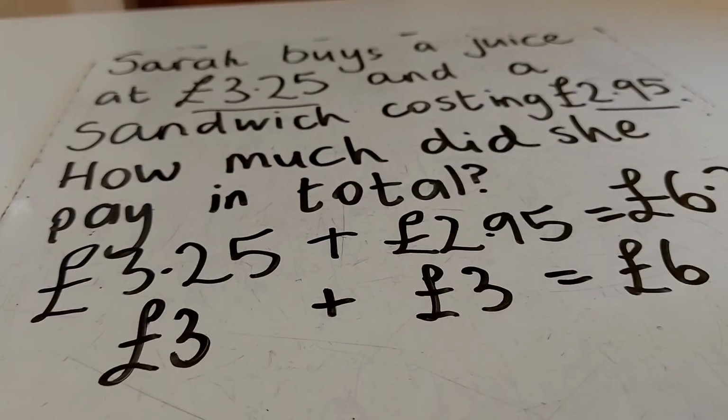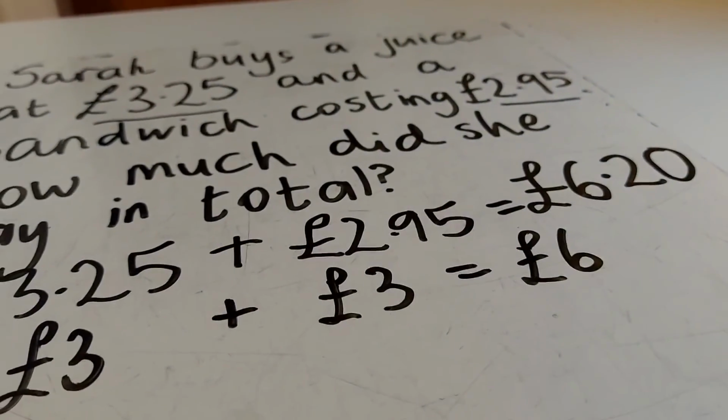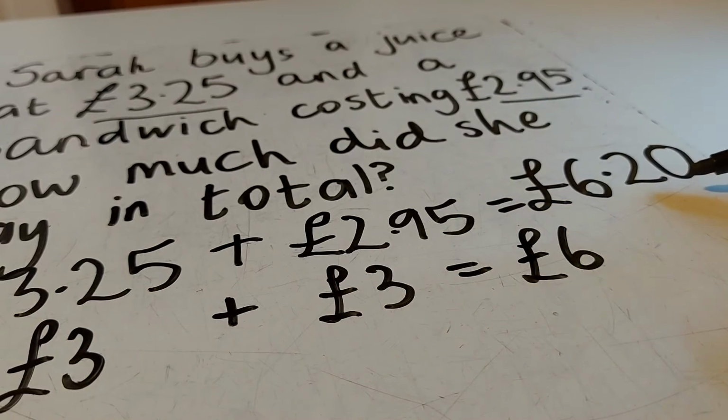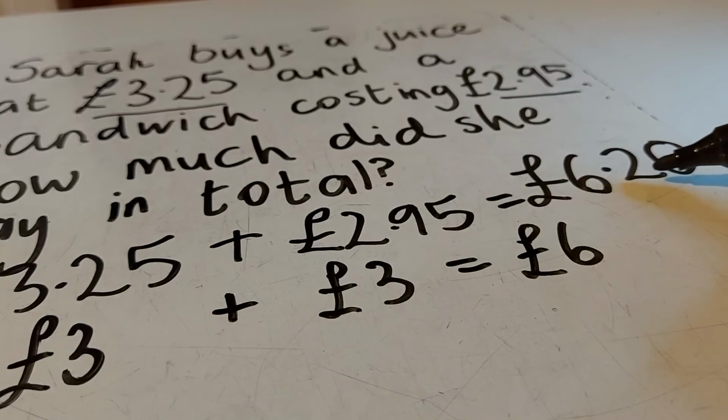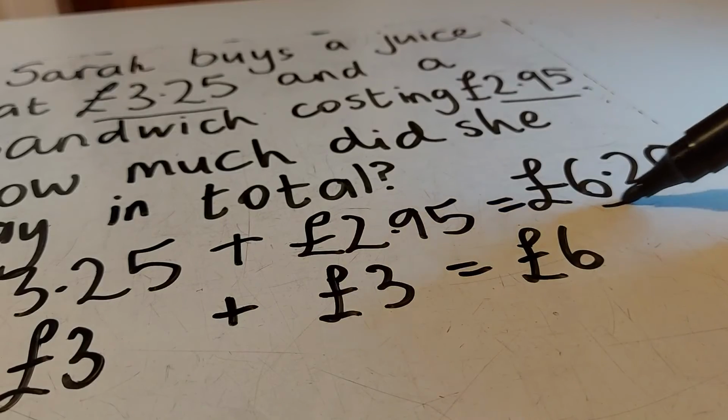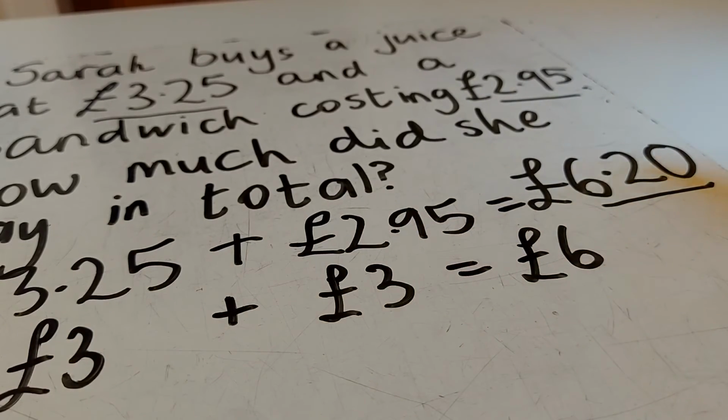And I'm just going to move that along because I've just noticed you can't see that. I do apologise. So initially I put 6.2, and that stood for £6 and 2 10p. I've now put the 0 as a placeholder. The answer is £6.20.